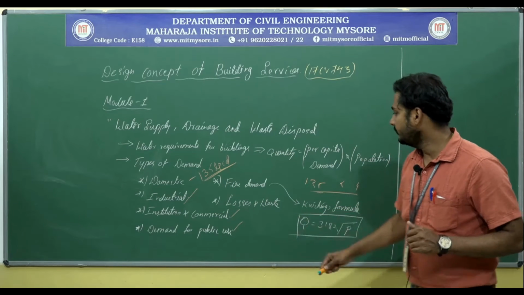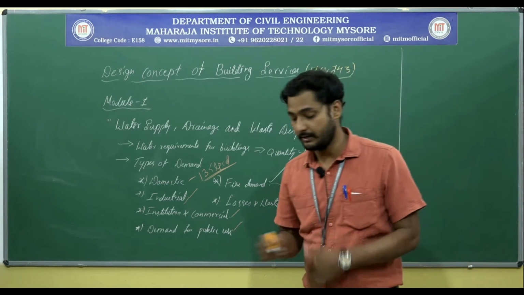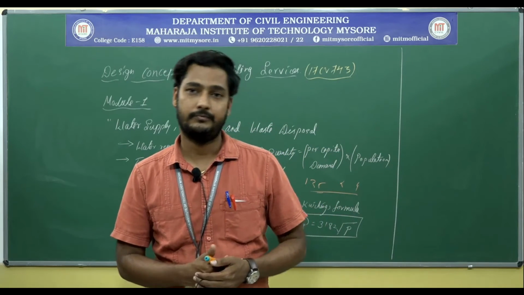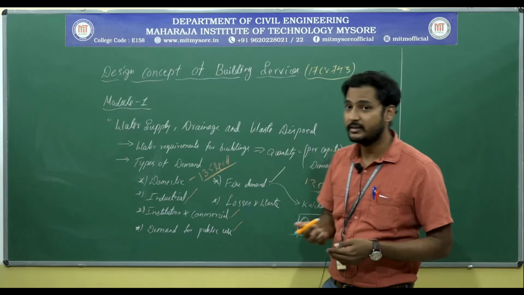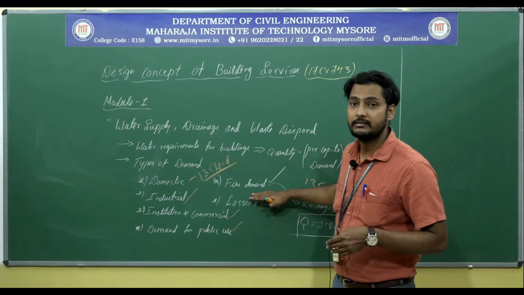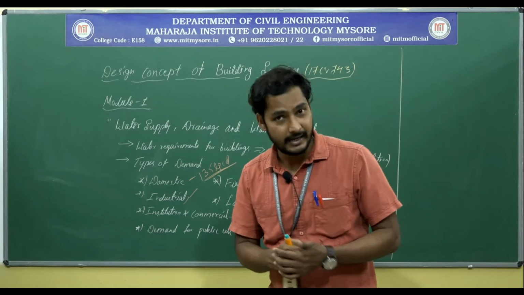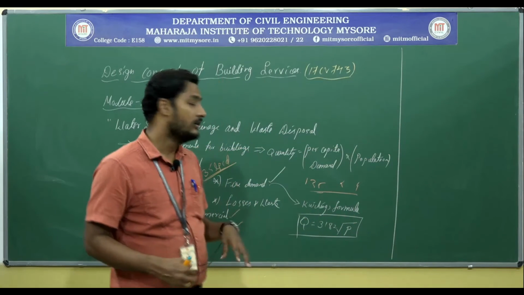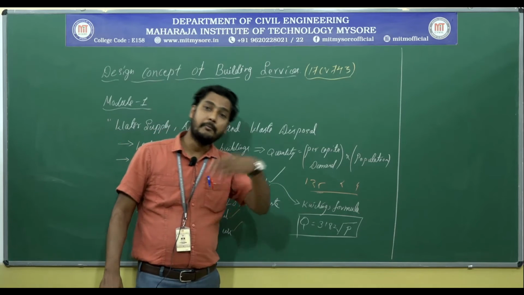Coming to the next point, fire demand. Of course, nowadays we are planning that buildings should be fireproof. Everyone thinks in that manner, but fortunately or unfortunately, we can't say all buildings will give 100% resistance against fire. But at the same time, it may avoid some major issues.